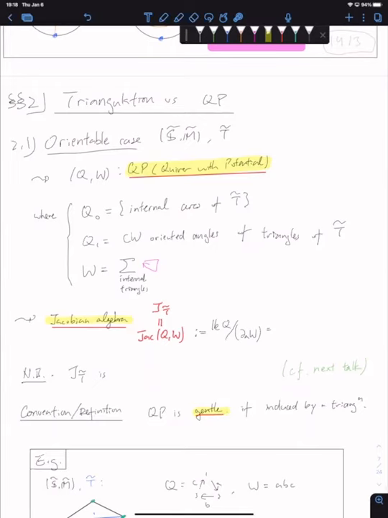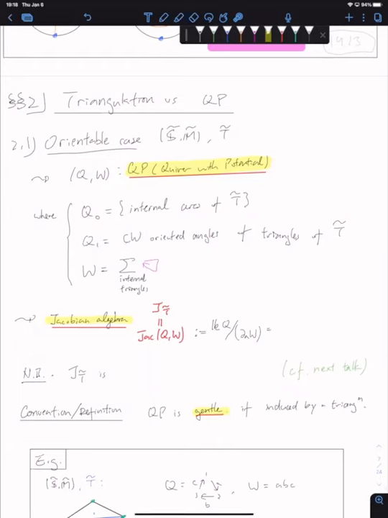Your quiver has vertices coming from the internal arcs of your starting triangulation, and the arrows come from the angles inside the internal triangles of your triangulation. The direction of the arrows comes from orienting the angles clockwise.